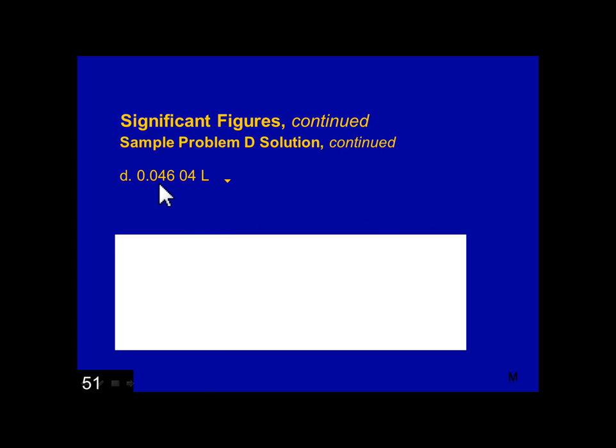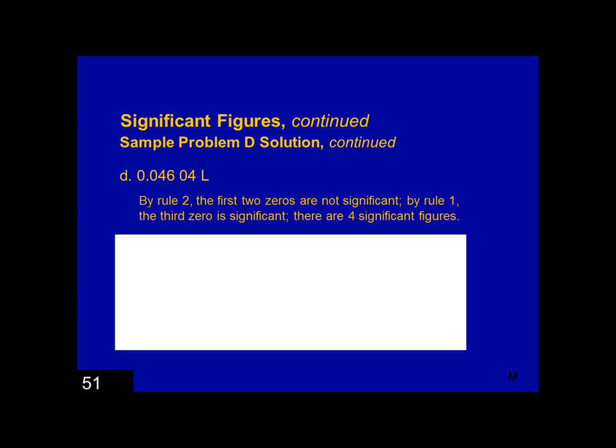How about this number here? 0.04604. Pause if you want. Write down your answer. All right. This has 4 significant figures. The 4 counts, the 6 counts, the other 4 counts, and the 0 counts because it's a captive 0.